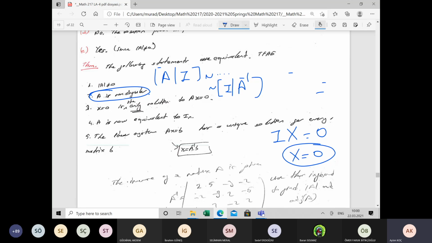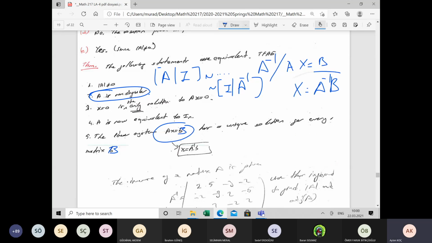Our matrix is invertible, so multiply by the inverse, and X is the inverse of A times B. So we obtain only one solution. The solution is this one. Any question?